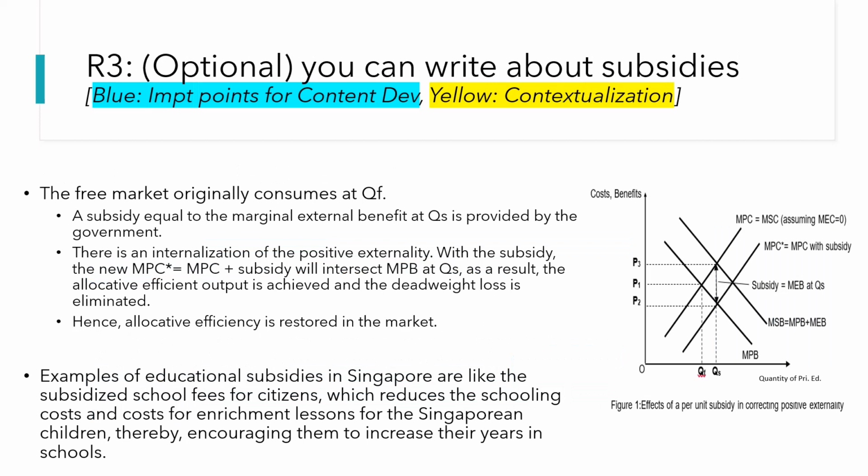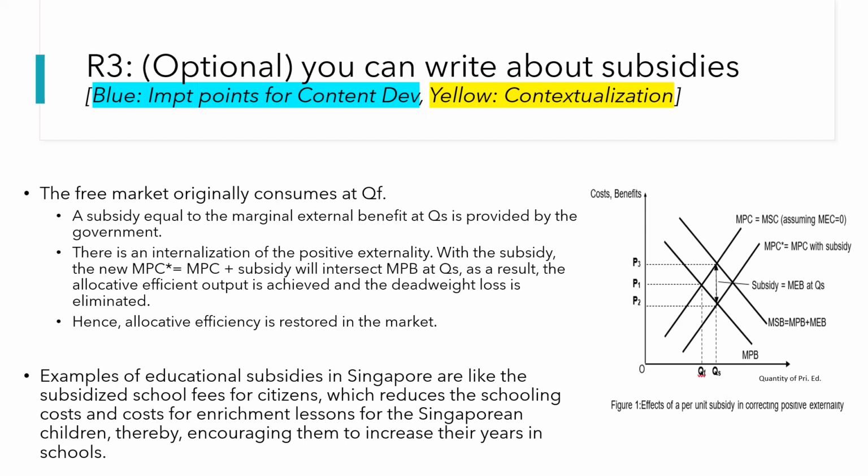Lastly, as an optional R3, or if you decide to use subsidy as your alternative policy, let's show how we can explain the mechanism of subsidy and how it achieves QS here. By having a subsidy equal to MEB, it lowers the cost of production and shifts MPC to MPC star. So there is an internalization of the positive externality.